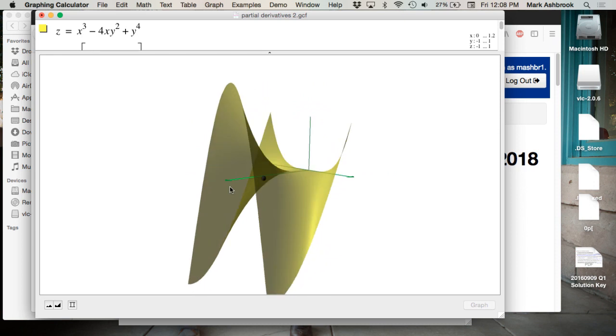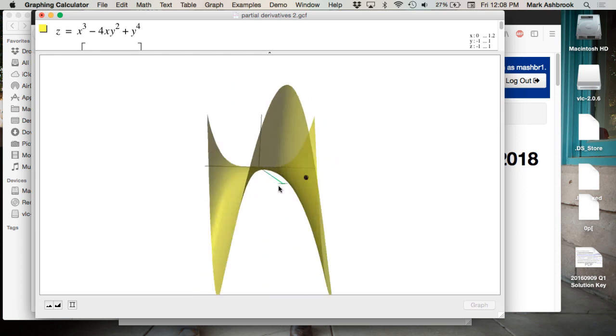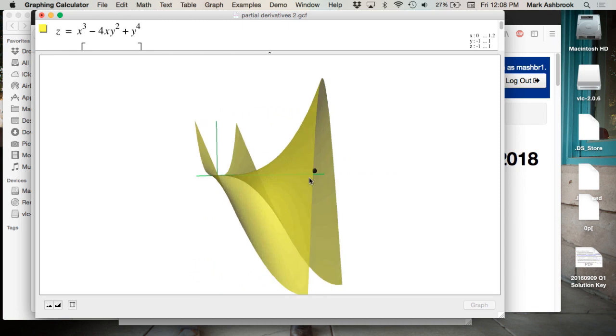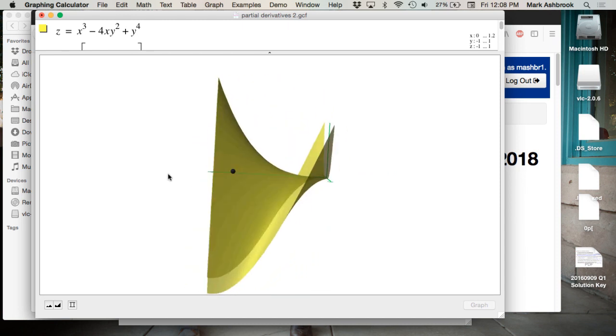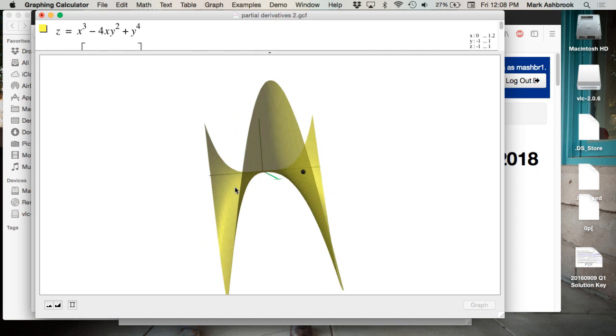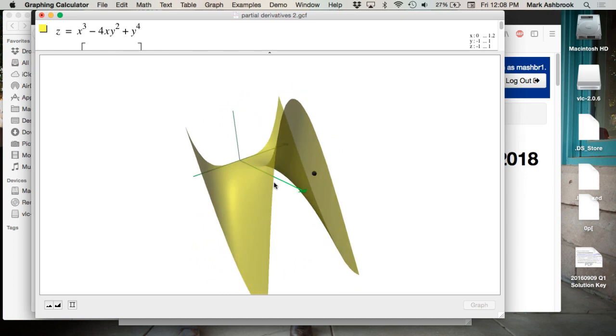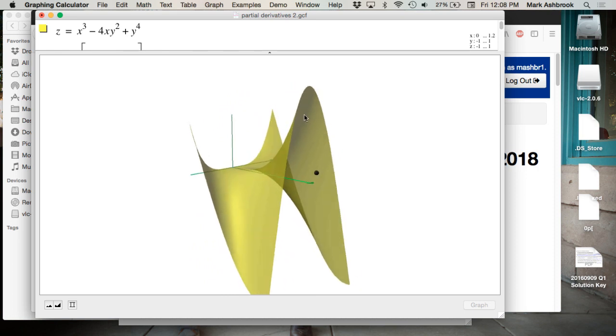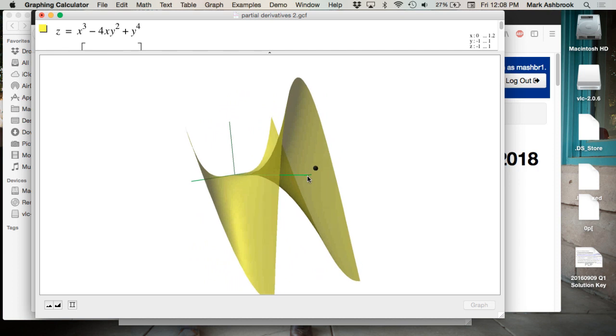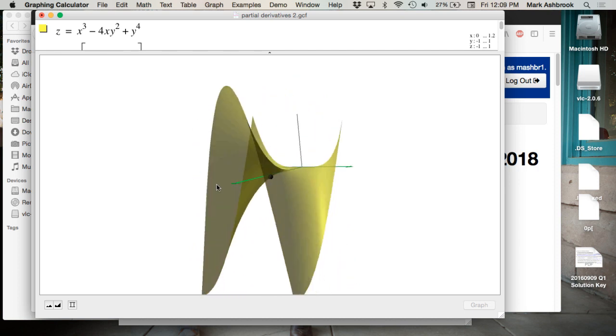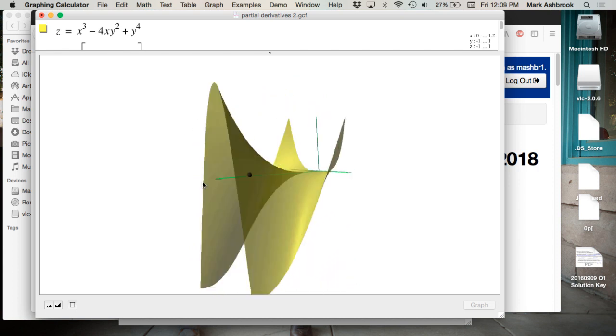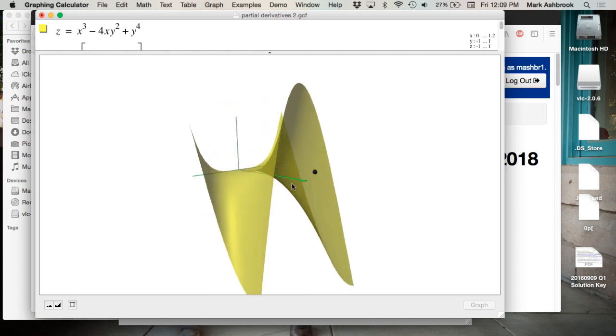What did you guys say? When you talk about the partial with respect to x, it means y is constant, right? So if we care about the partial with respect to x of this surface, or this function, at that point, then really all we care about is what we get when y is constant.